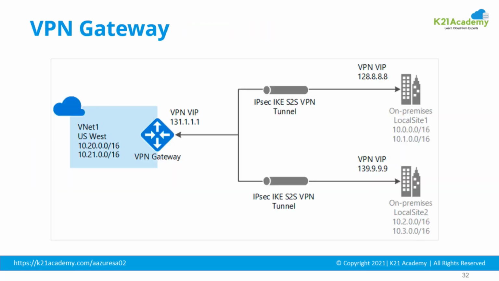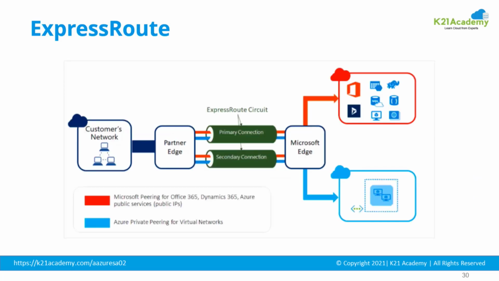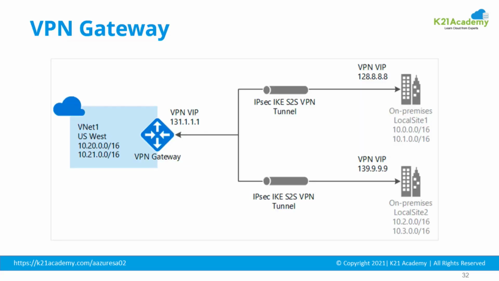As I said in one of the previous lessons, ExpressRoute is to connect your Azure cloud network with the on-premise network or customer data center through a dedicated pipe. Whereas, as the name suggests, the virtual private network VPN gateway is also a connectivity, but that connectivity is over your internet on an IPsec VPN tunnel.